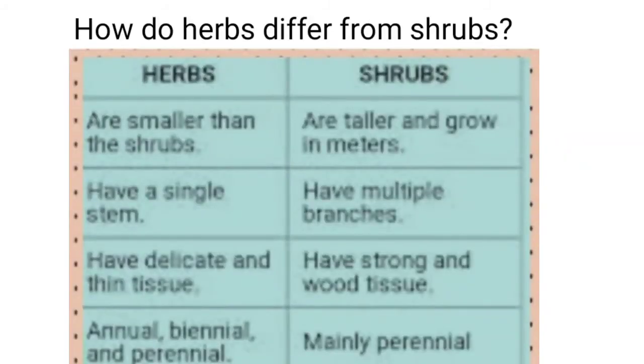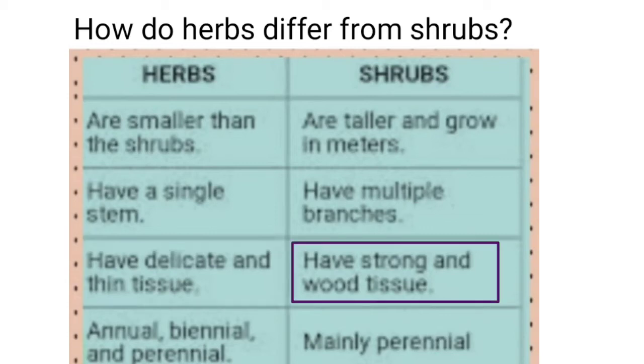Frequently asked questions from the topics that we have covered. How do herbs differ from shrubs? Herbs are smaller than shrubs. Shrubs are taller and grow in meters. Herbs have a single stem. Shrubs have multiple branches. Herbs have delicate and thin tissues. Shrubs have strong and woody tissues.